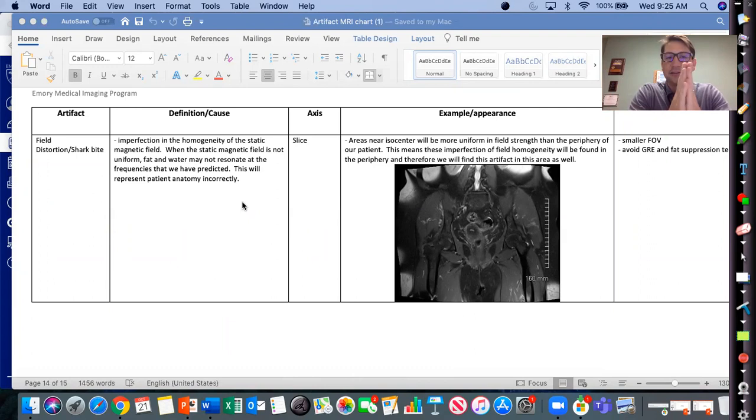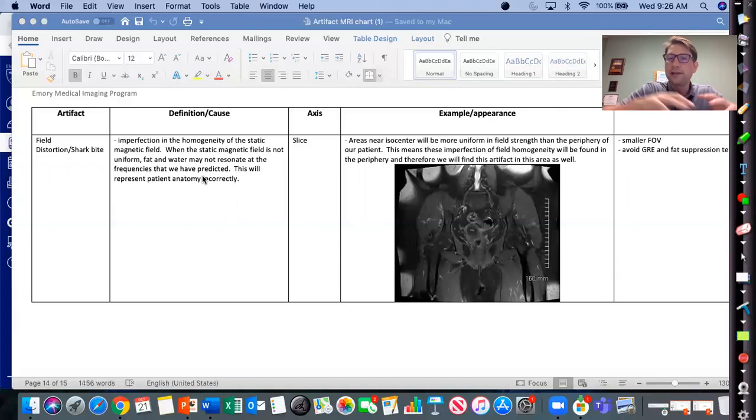So typically at isocenter, we have the best homogeneity, but then as we go out from isocenter, we start to lose that field homogeneity. So when the static magnetic field is not uniform, fat and water may not resonate at the frequencies that we have predicted. So remember, we say on a 1.5, typically they're 220 hertz apart.